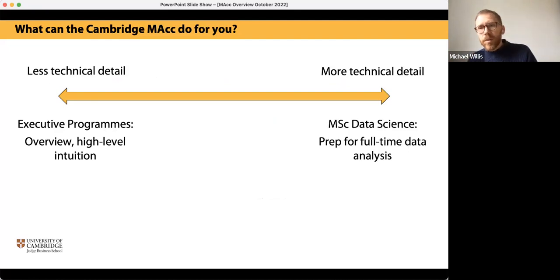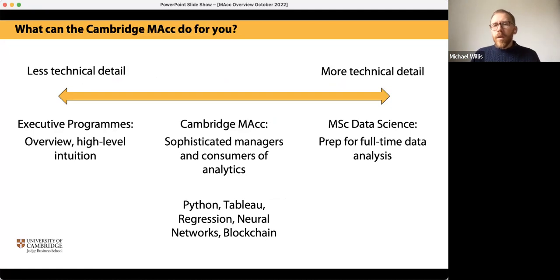On the more technical side, you might see a master's in data analytics or data science, which is designed to be preparation for full-time data work, which is intense programming and intense data work and SQL and lots of time at a computer writing code.